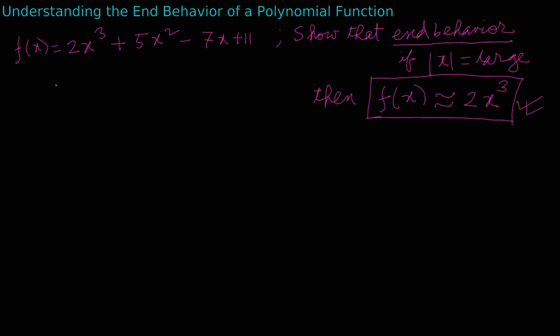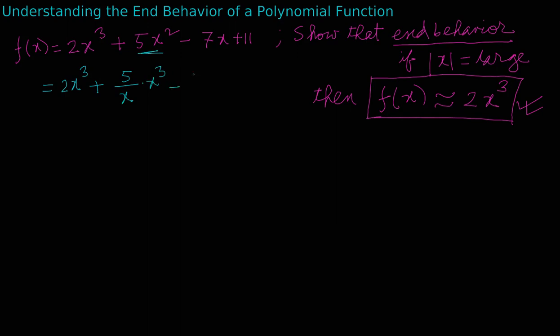First of all, I'm going to rewrite this function. 2x cubed is 2x cubed, so I have no problem here. Now I have 5x squared, so I'm going to write 5 over x multiplied by x cubed, which is actually the same as 5x squared.